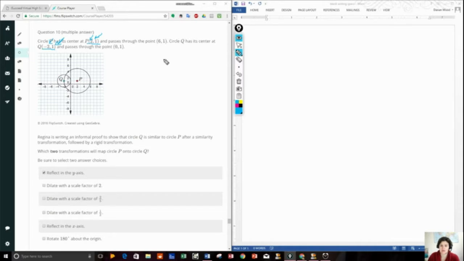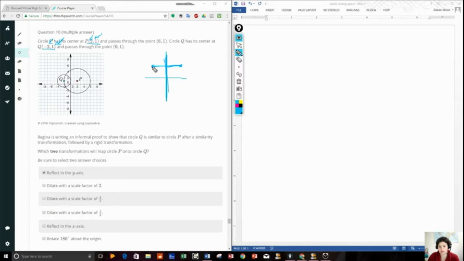And that's because with a reflection about the y-axis, if I just drew the y-axis and picked any random point, this distance, when I reflect it, is going to stay the same, which is our x coordinate.